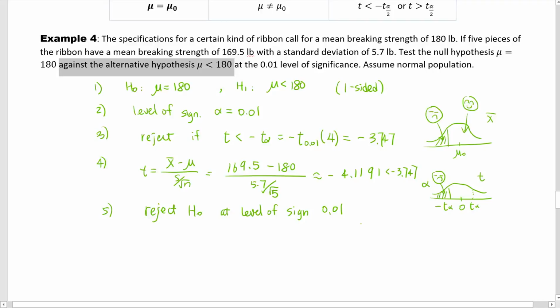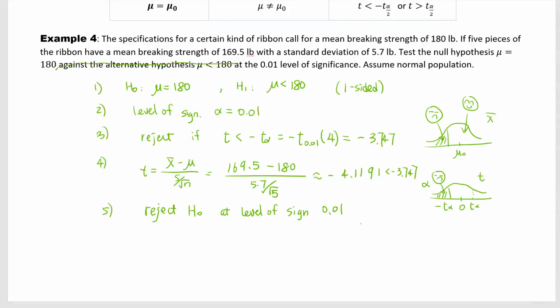If it's small, we're not happy. So we can still figure out the alternative hypothesis is mu less than 180, which is one-sided, and this will change our critical region. So far, so good, everybody?